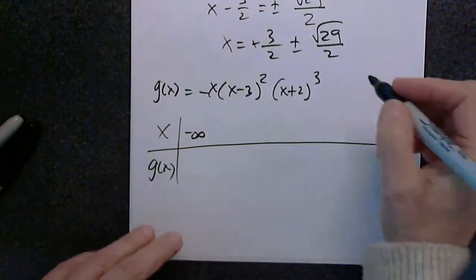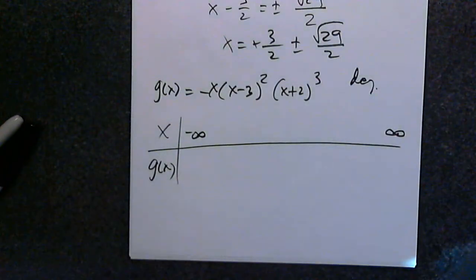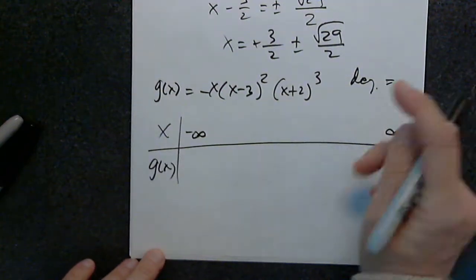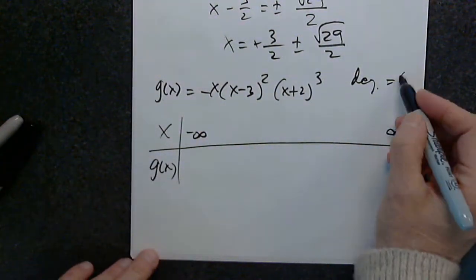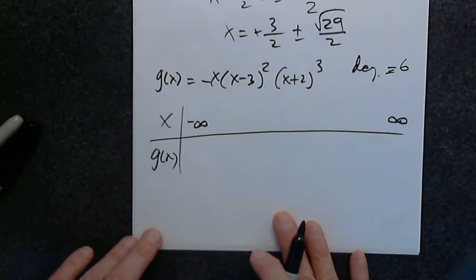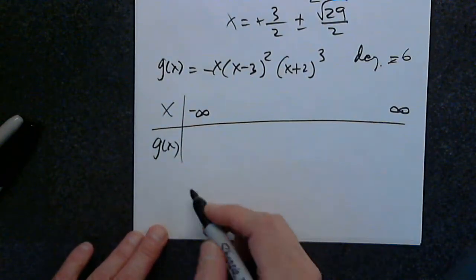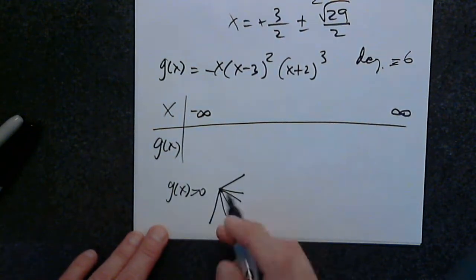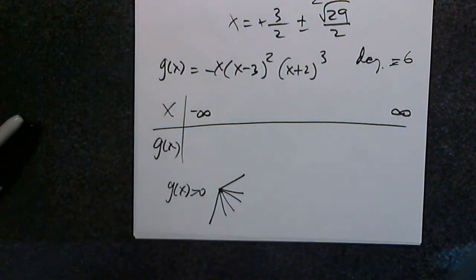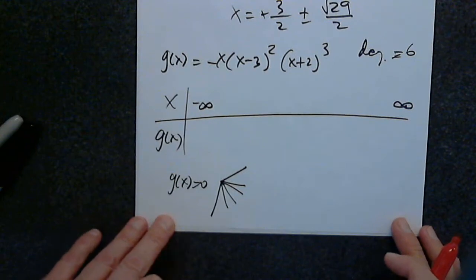And what is the degree, first of all? Three here, 2 here, and 1 here. 6. Very good. So I need 6 solutions. So when g of x is 0, please give me 6 solutions, in any order you want. It doesn't matter.